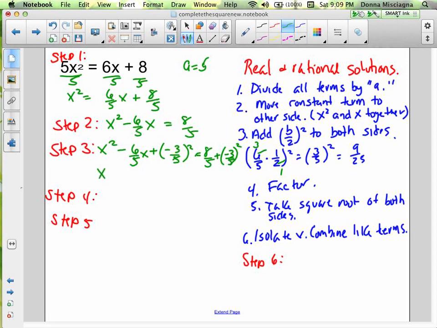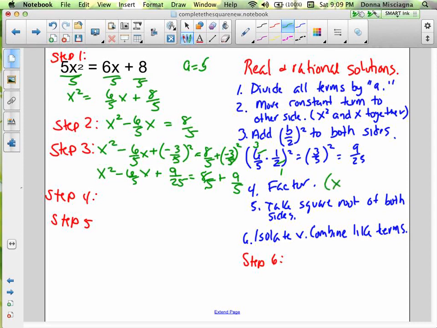All right, so now let's simplify. We have x squared minus 6/5 x plus, that's going to be negative 3 squared is 9, 5 squared is 25, equals 8/5 plus 9/25. And let's factor. All right, so x squared minus 6/5 x plus 9/25.